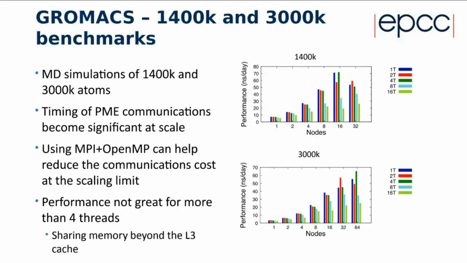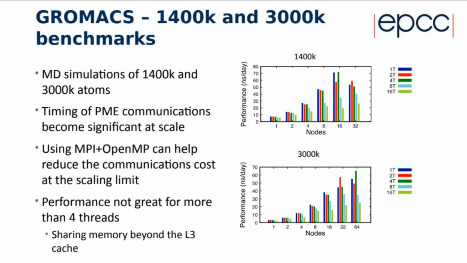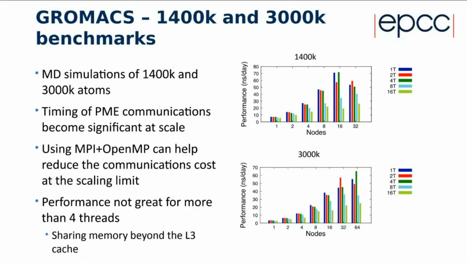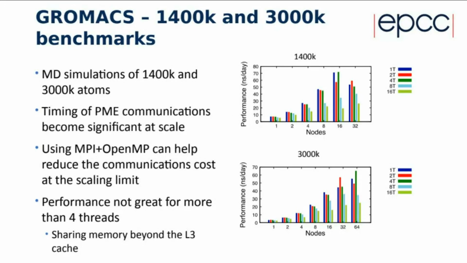And with the 3 million atom case, again, from 32 nodes and beyond, you start to see a benefit from MPI plus OpenMP. This is only because the timing of the PME, the particle mesh Ewald communications, starts to become significant at scale, and then using MPI plus OpenMP can help with this.